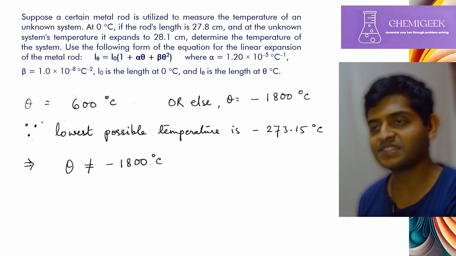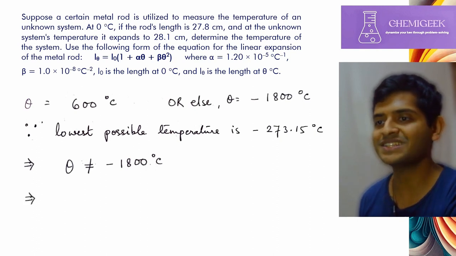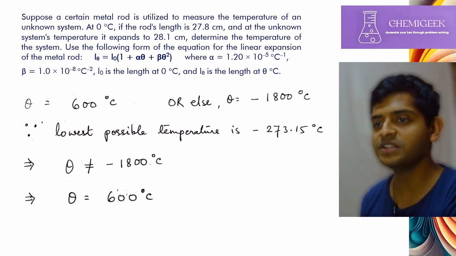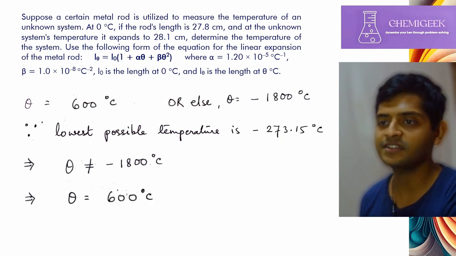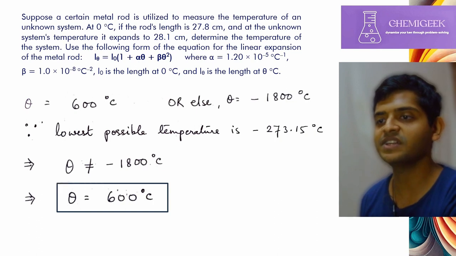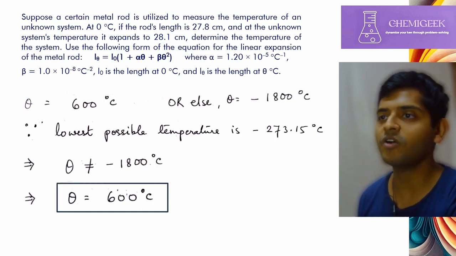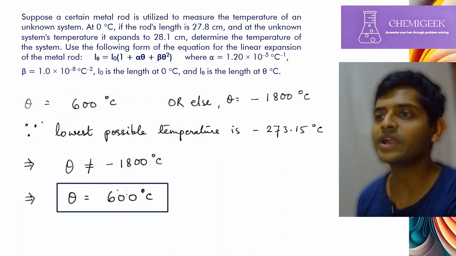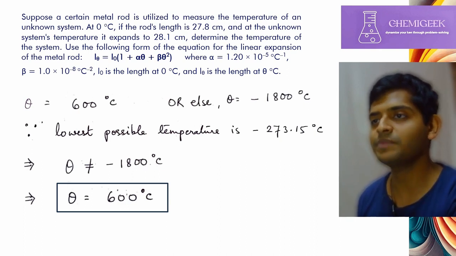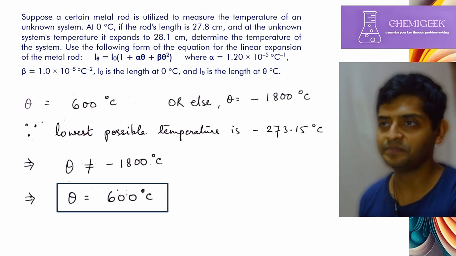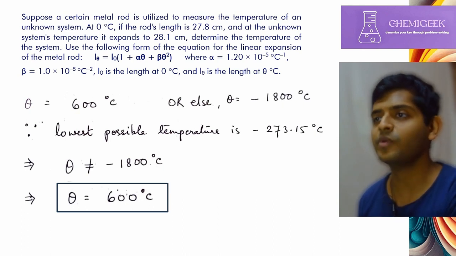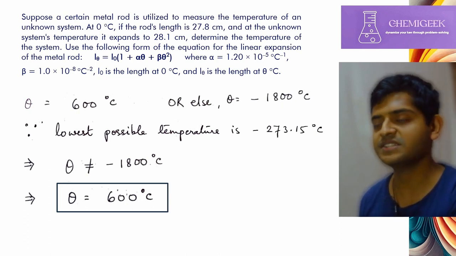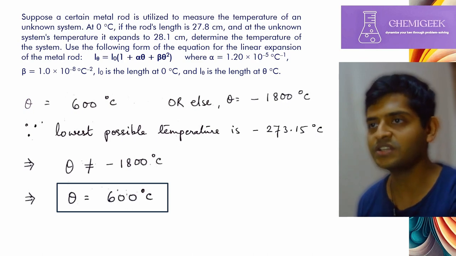So this is the lowest possible temperature, and this value is not possible. Only the 600 value is possible. So our answer is the final temperature has to be 600 degrees Celsius, for which we get an expansion of the metal rod to 28.1 centimeter from 27.8 centimeter. So this is how we solve this question.